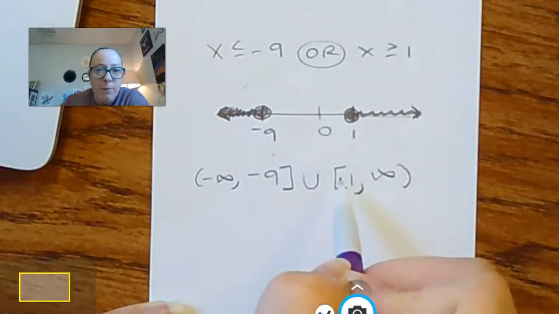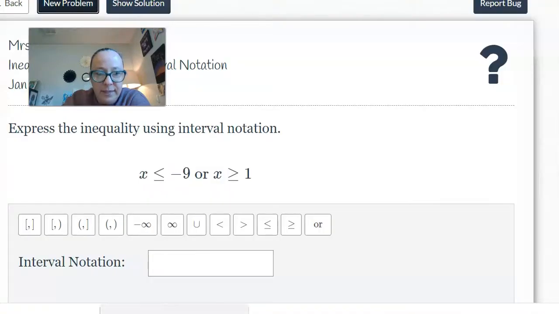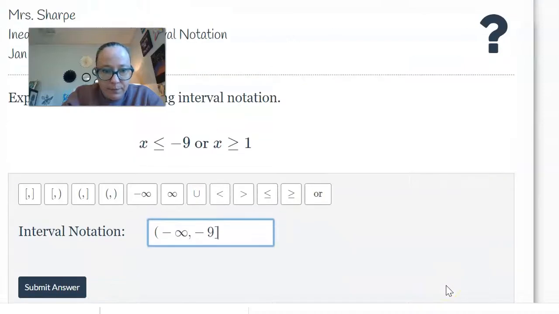Okay, so now I'm going to go back to Delta Math and type that in because it wants the interval notation. So I'm going to have a parenthesis and a bracket because I wrote down what I needed. Negative, oh, it has a negative infinity option. Good. So negative infinity to -9, and then or, now I put a union. They're using the word or on this one.